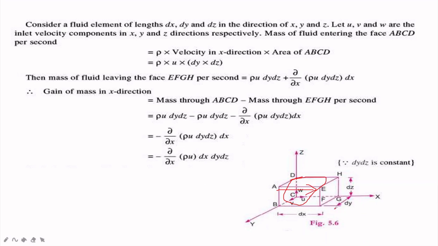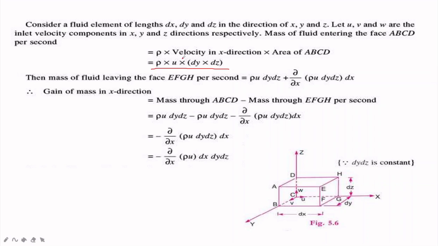So how do we give that energy? That energy is given by partial differentiation with respect to x, because it has to move in the direction of x, right? Partial differentiation dou by dou x of this, rho u dy dz, in the direction of dx. Please understand here. If it was offline it would be better, but it's okay, no problem. See, the mass of the fluid entering face ABCD is rho into u into dy into dz.